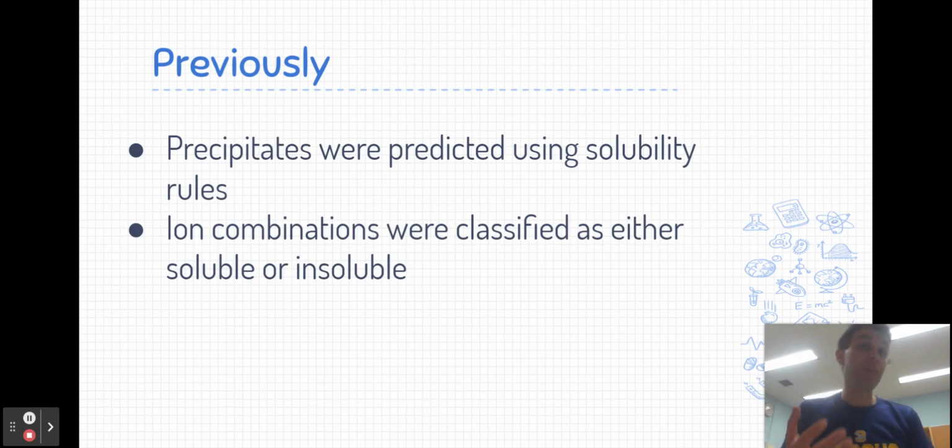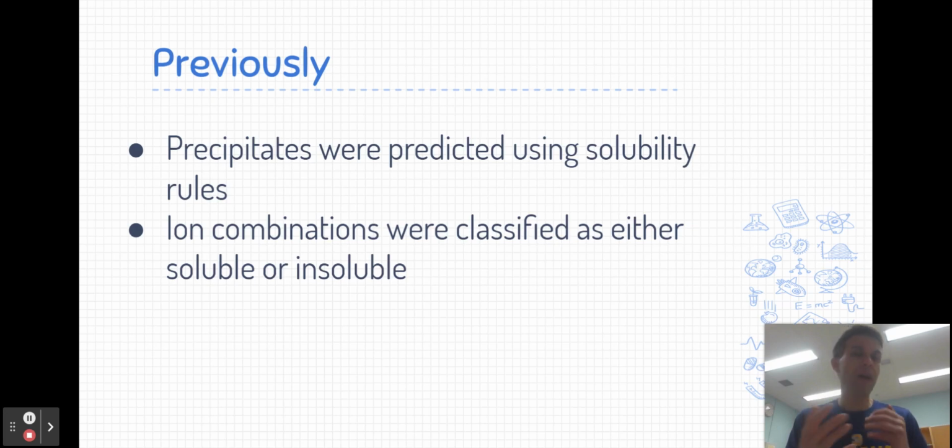Recall that previously we used a set of solubility rules to determine whether a precipitate will form. Those rules are qualitative, as in they really just group chemicals together as either being soluble or insoluble with a specific cutoff.